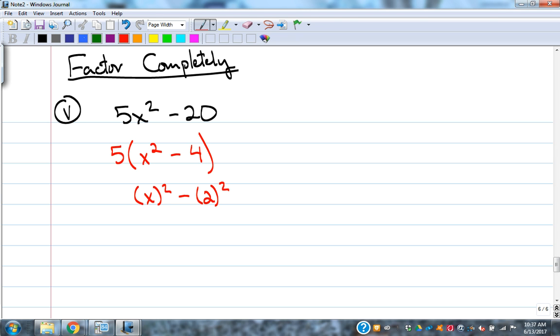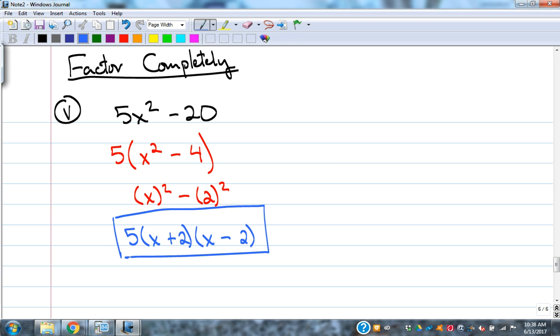Okay. So that means that the factors that go with that part, x in the front, 2 in the back, one's a plus, one's a minus, but we still have that 5 that we pulled out at the beginning. That's the factored completely form of that polynomial.